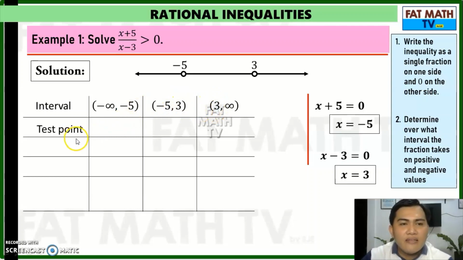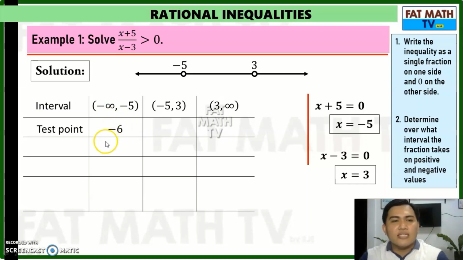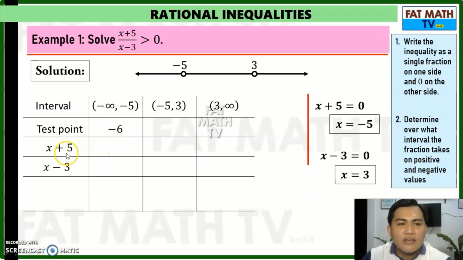Then we identify test points within the intervals. For example, from negative infinity to -5, let us choose -6. You can choose any other values, but I will choose -6. We identify the signs of these expressions and the whole fraction.